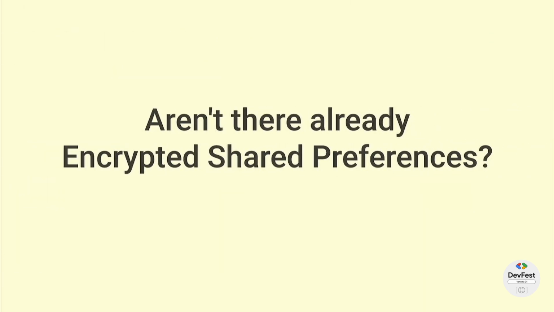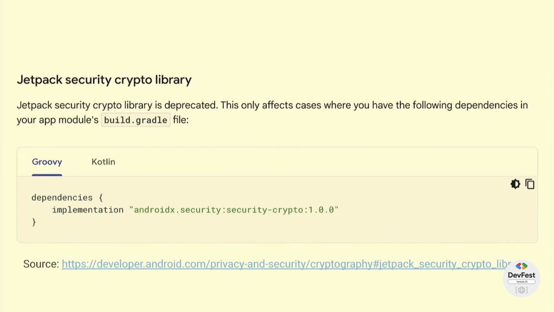So when we're talking about Android, someone can ask me, okay, aren't there encrypted shared preferences for that? And the answer is no, because the Android team recently deprecated the encrypted shared preferences library.